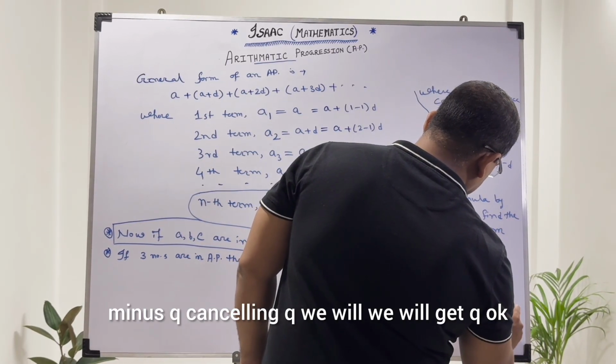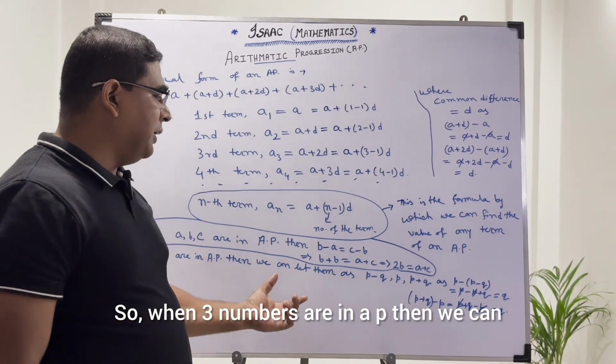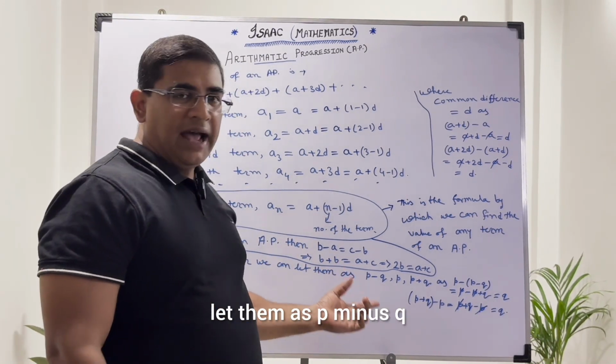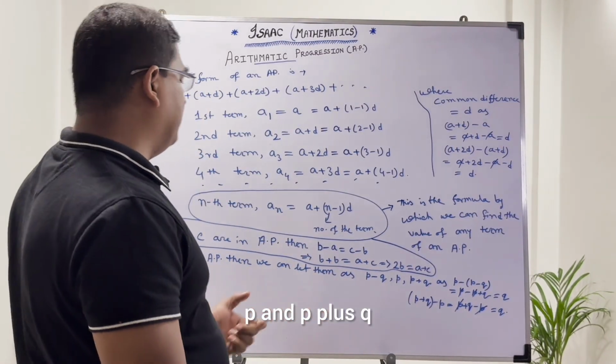Cancelling p, we will get q. Okay. So when three numbers are in AP, then we can let them as p minus q, p and p plus q.